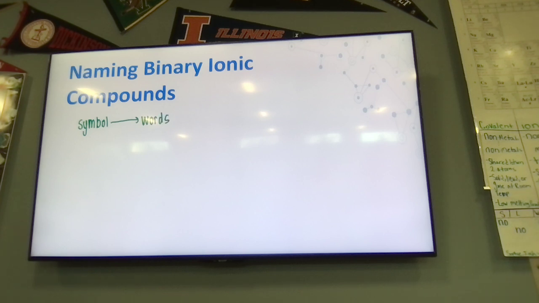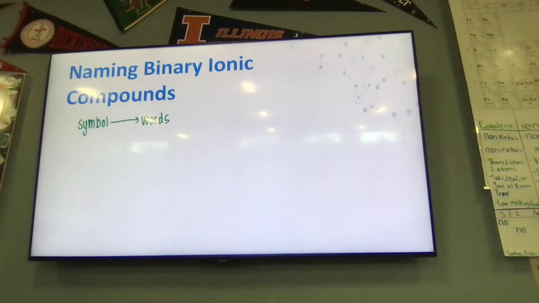Think back when we learned our element symbols. This would be like on your second test, when your learning target was to know the symbols for elements. On your test, I could put C and you'd have to write carbon, or I could put fluorine and you put F. But this is going to be, I put C, you write carbon. I put Al, you write aluminum. But now we're going to do it for compounds.